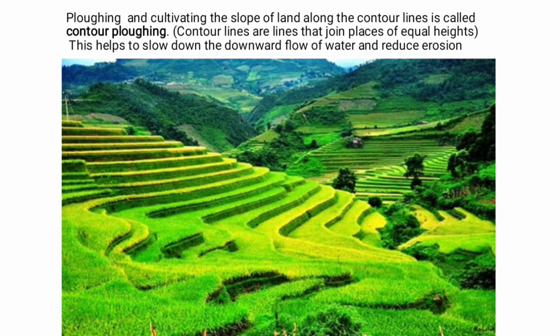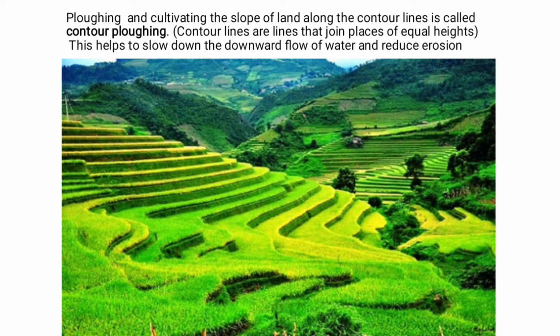So what it means here is that, as you can see in the picture, when farmers plow the land for cultivation of crops, they plow the slope of a hill along the same height of the land, or along the same contour lines.